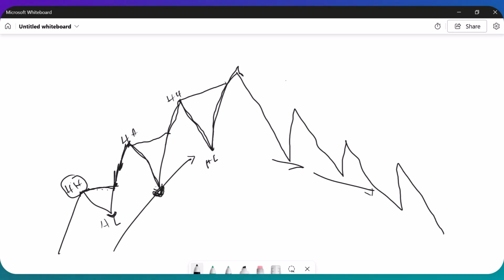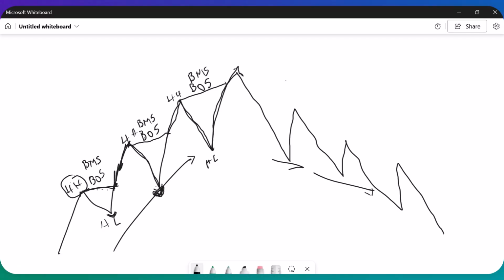Now, what do we call this? This is what we call a break of structure. We also call it a break in market structure, BMS or BOS.